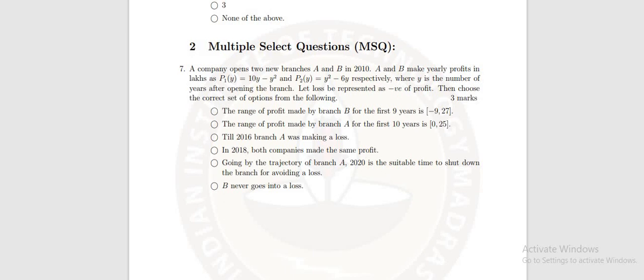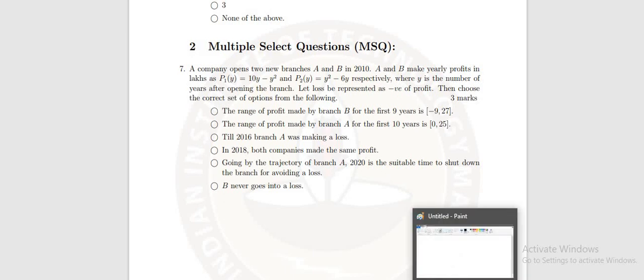So let's check option 1. It says that the range of profit made by branch B for the first 9 years is the closed interval [−9, 27].